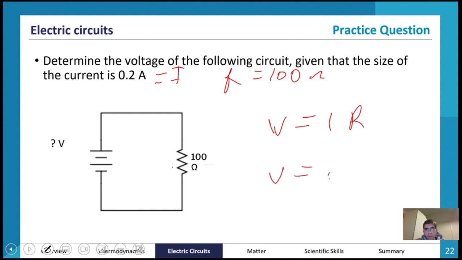Voltage is 0.2 multiplied by 100, which is equal to 20 volts.